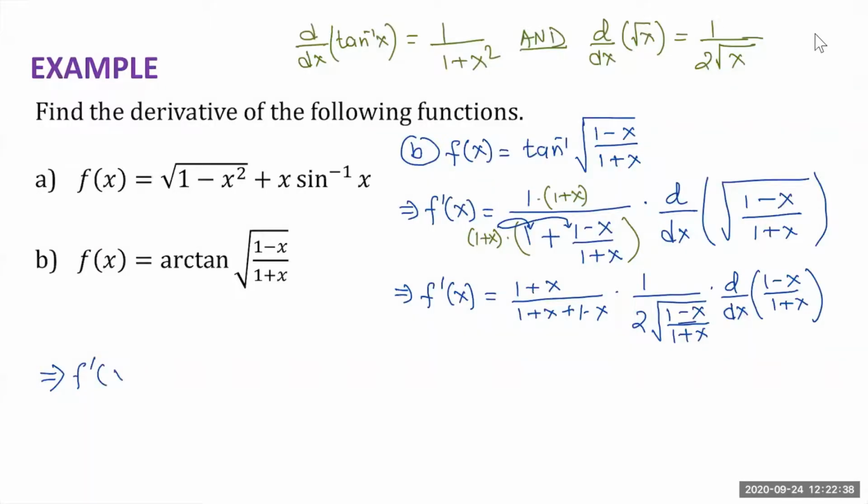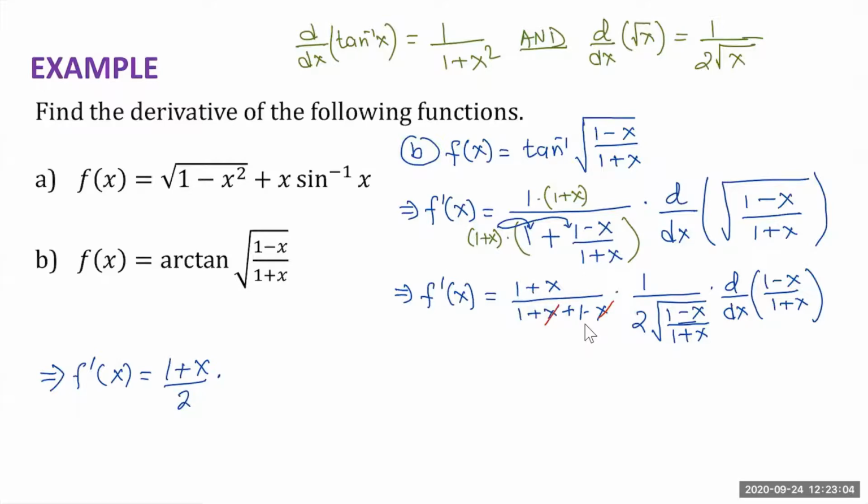The derivative is equal to, here if we simplify the denominator, x and x cancel because one is negative and the other is positive. So by canceling that, we get 1 plus x in the numerator, and then 1 plus 1, 2, in the denominator.